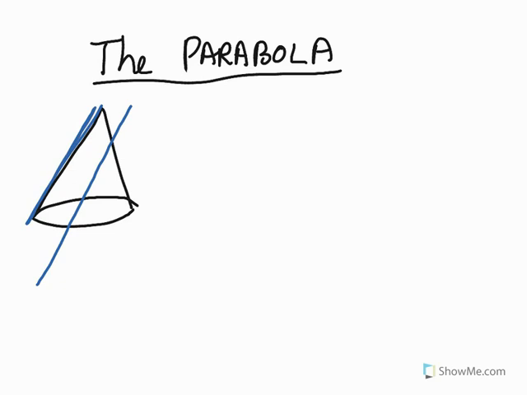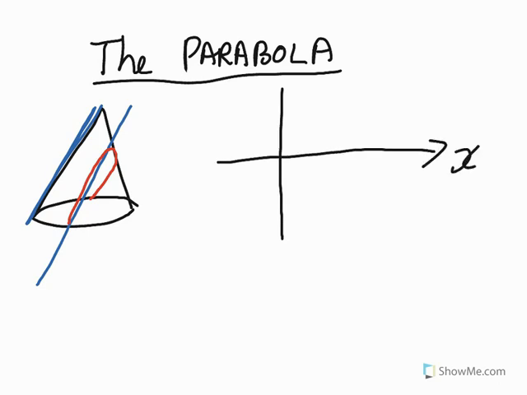That slice is parallel to that edge. Then what you get is a shape that looks like that, which is kind of like a parabola. Well, kind of like a parabola, it is a parabola.